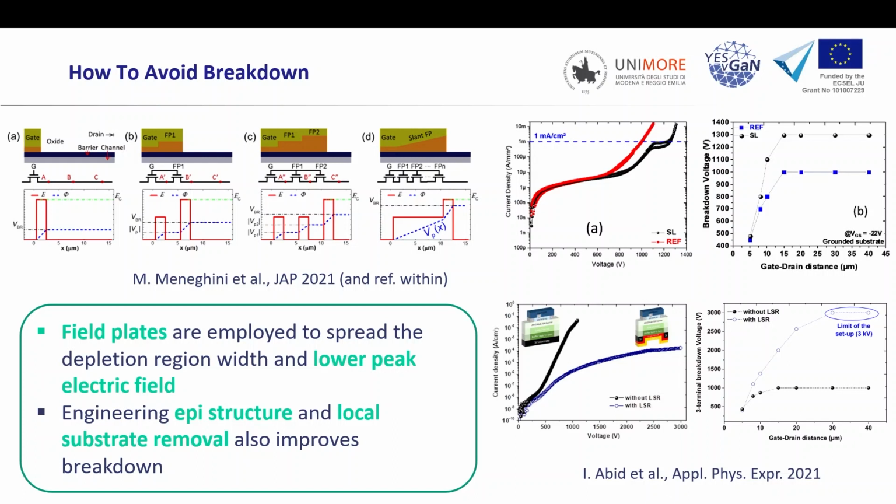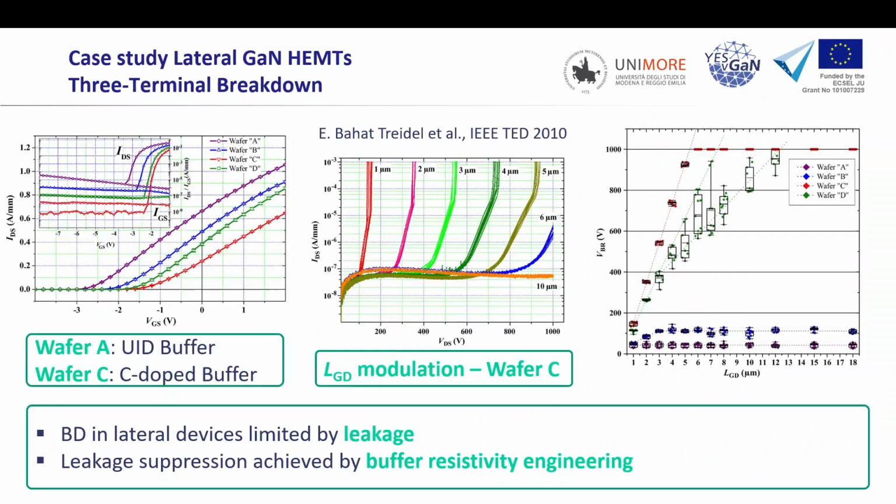Or else you can change the epi stack, or you can do this that was already shown, that you remove the aluminum nitride layer and some of the substrate to eliminate the most effective region, which is the aluminum nitride and silicon interface, so that you can go to much higher voltages. And this is to demonstrate that, again, if you take care of the lateral effects, so if your leakage current is under control, then you can go to very high breakdown voltages, at least in principle.